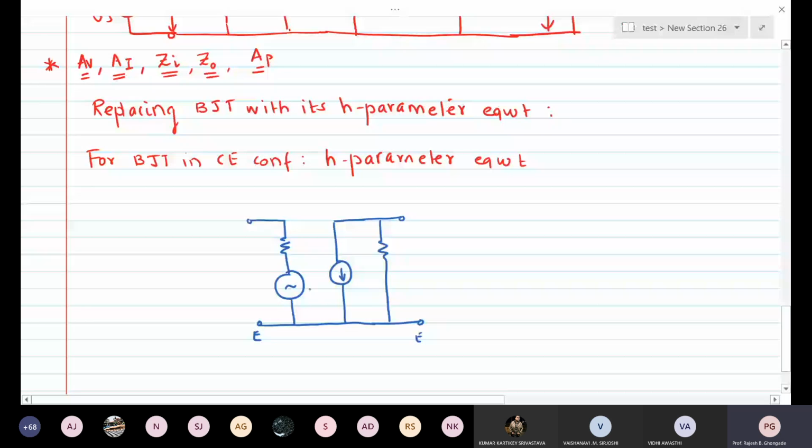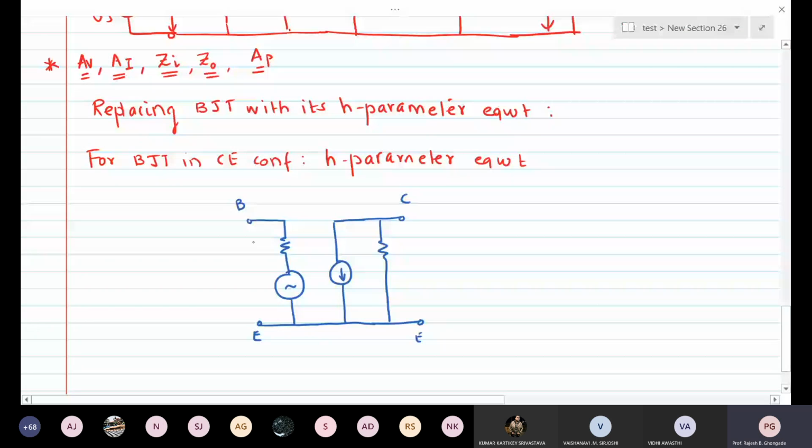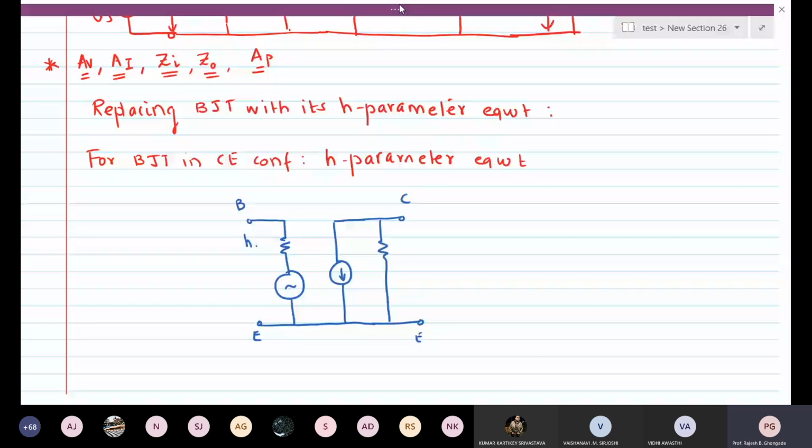We call this as what? What was the name of this thing? This component? Yes? Anyone? What is the name of this component? It is H. Yes? What is the name of that component?